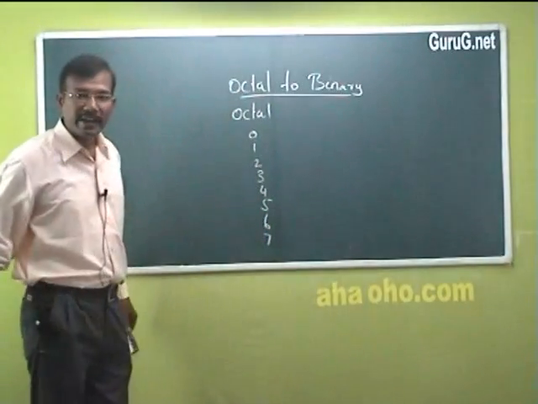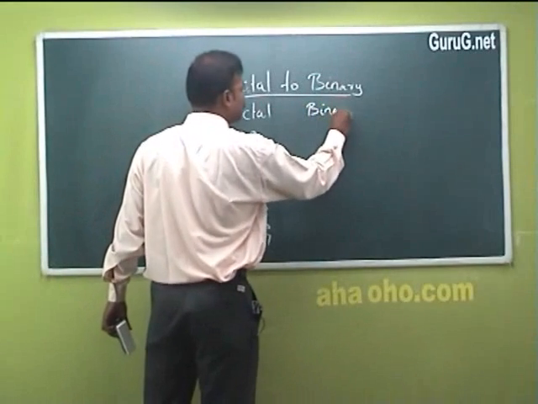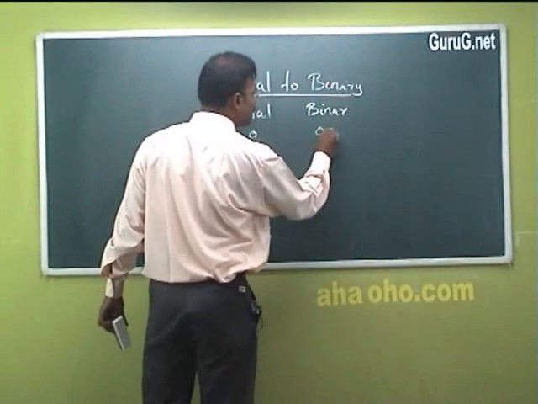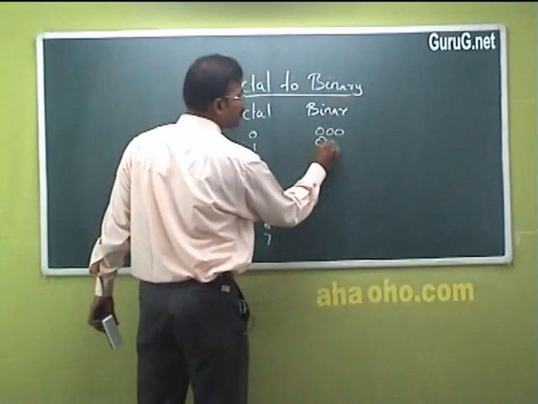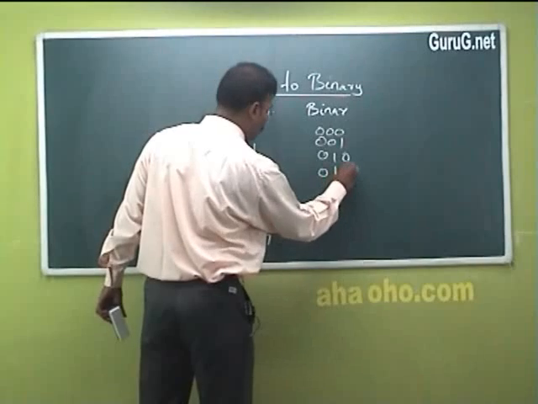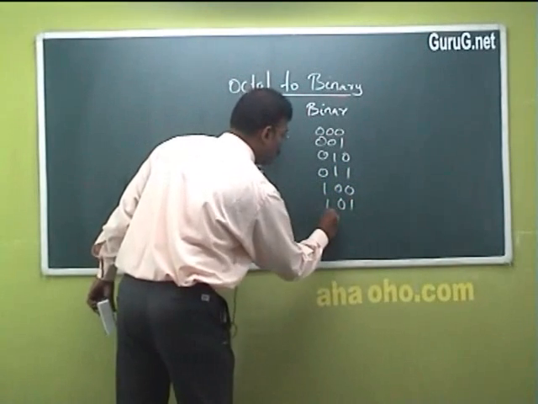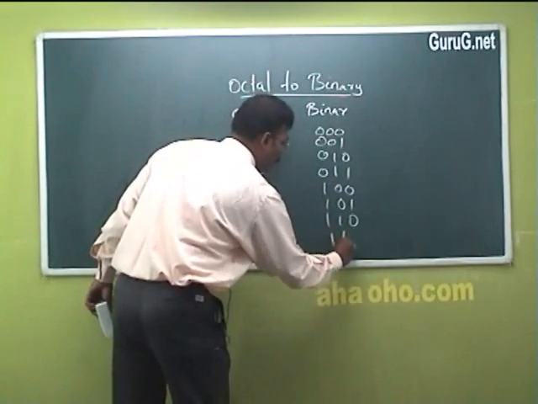Its equivalent binary value will be like this: 0 0 0, 0 0 1, 0 1 0, 0 1 1, 1 0 0, 1 0 1, 1 1 0, 1 1 1.